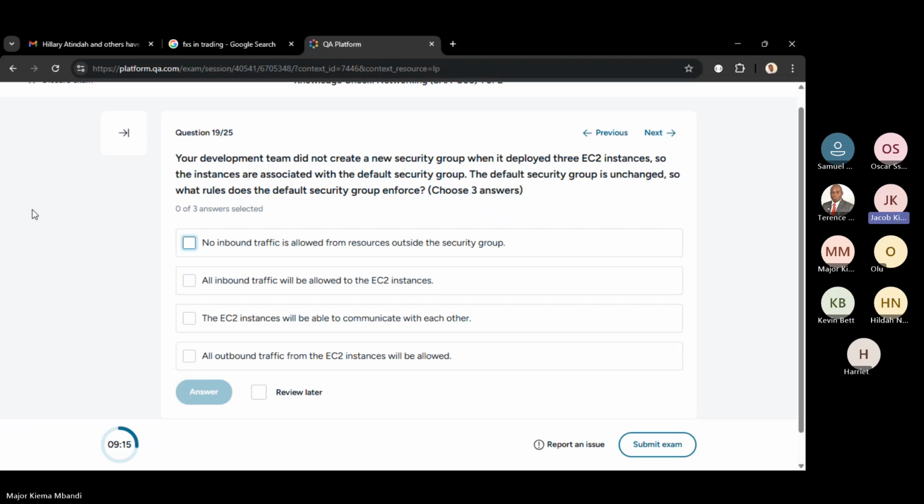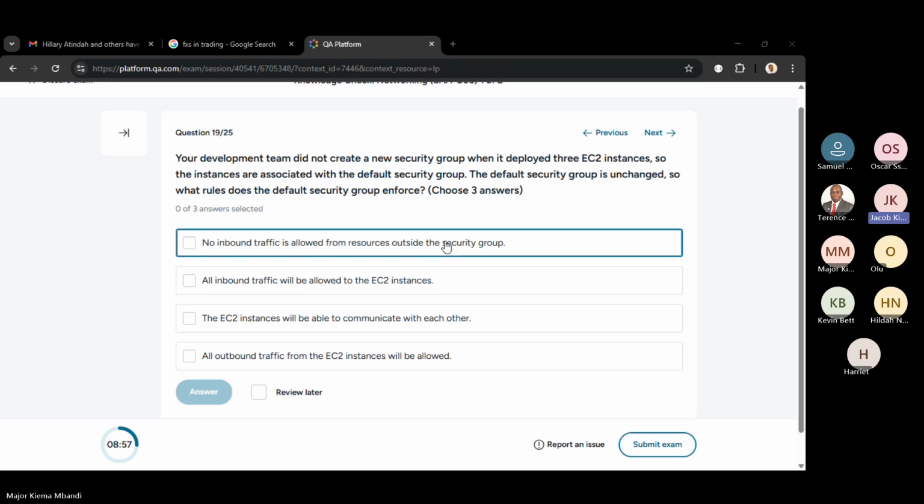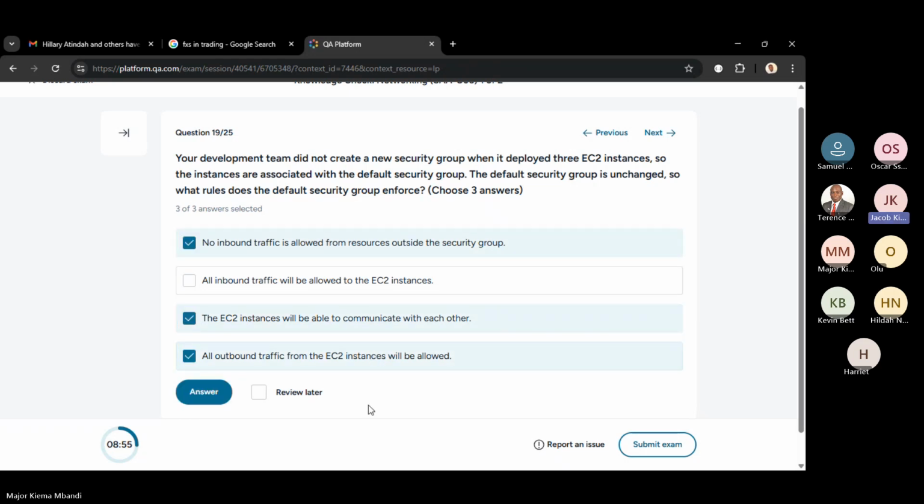So let's see. So that's saying choose 3. Okay. So I think I'll go with A, C, D. All in agreement, we move.